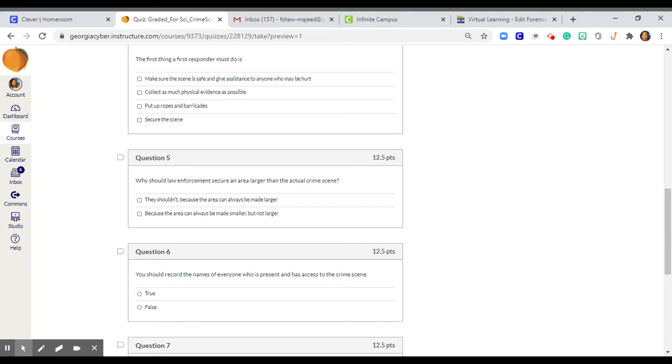What would happen to the evidence? Yes, that's right. It would be contaminated. We wouldn't be able to use it in a court of law because it would be contaminated. So remember, it's always bigger. Start big, go small.